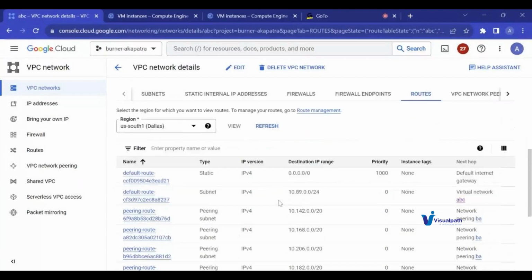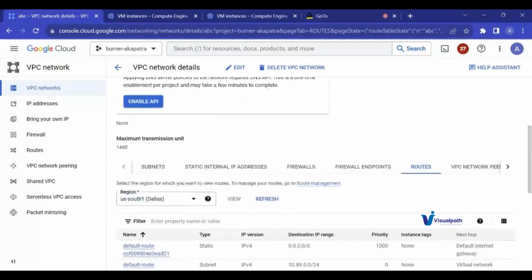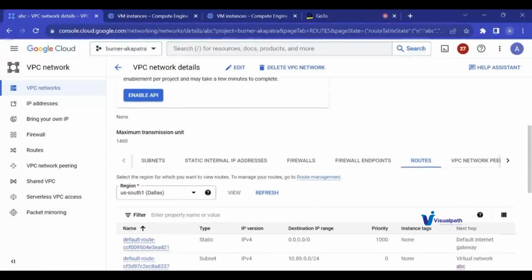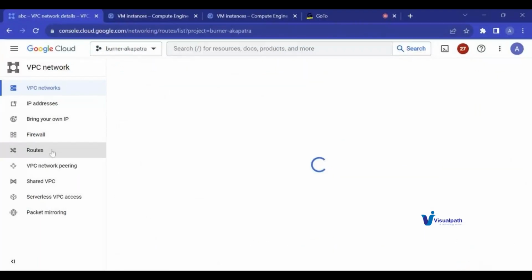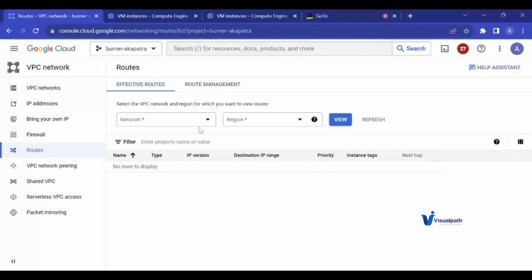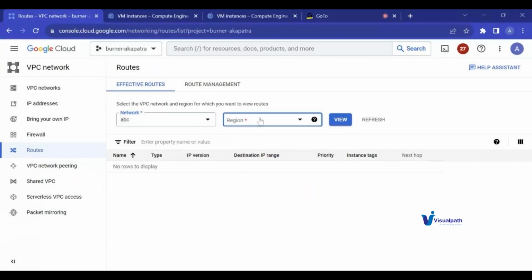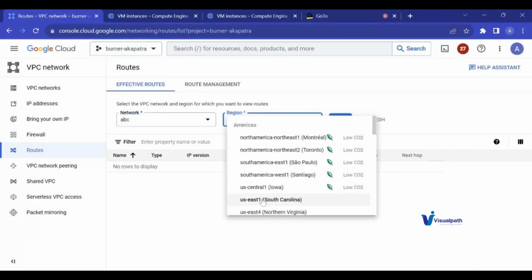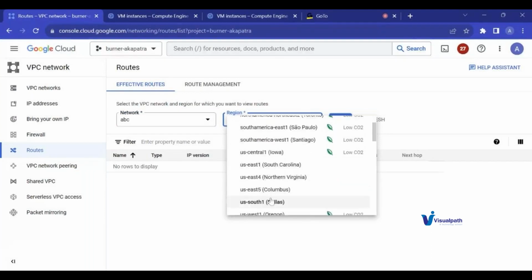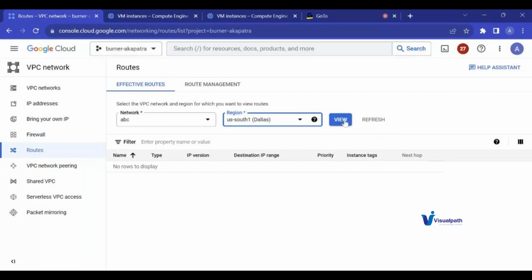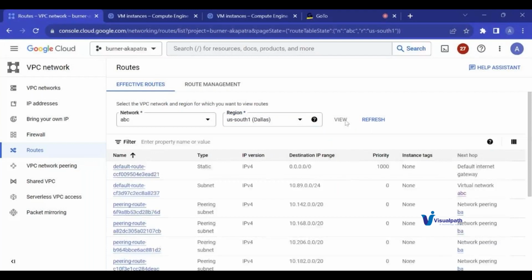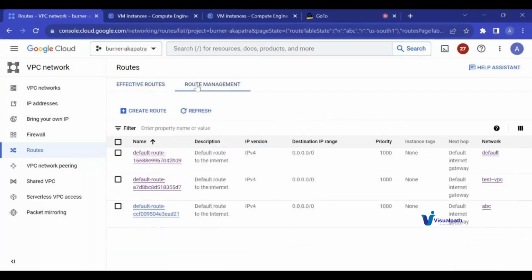One second. It's my VPC, Dallas, route management. Okay, yeah, sorry, I just missed that.